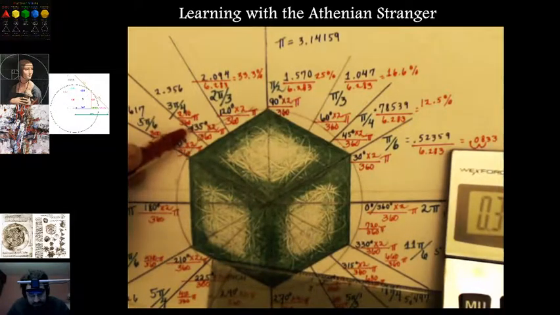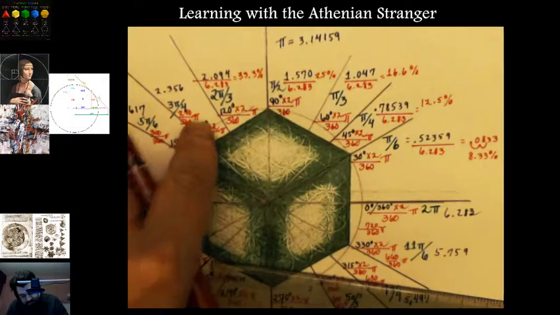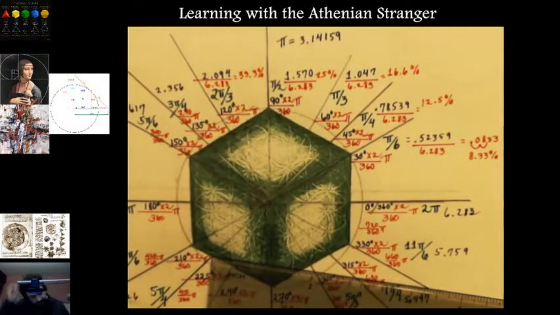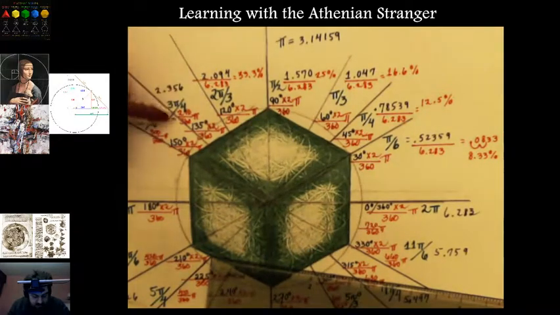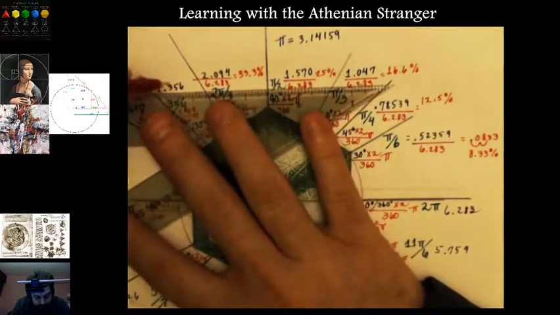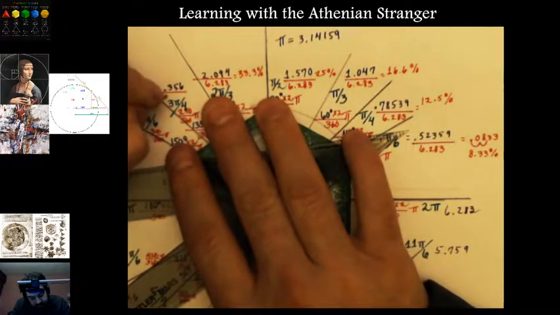At 135 degrees, what percent of the total circumference of the circle is represented by 135 degrees, or this radian measurement of 2.356? The total is 6.283.